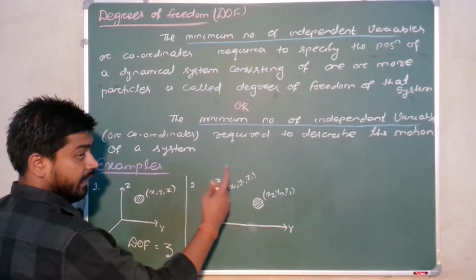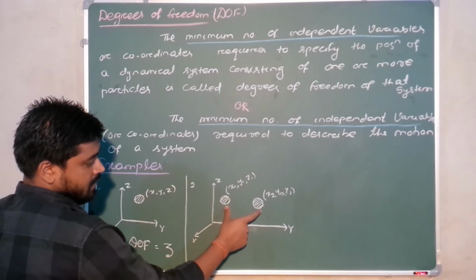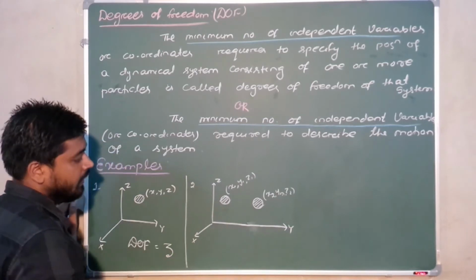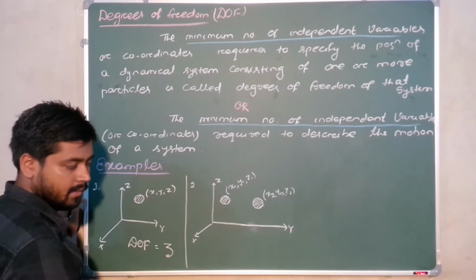Then in configurational space, these two particles have 6 dimensions. Yes or no? These have 3, these have 3, so 3n degrees of freedom. But here the degrees of freedom is not equal to 6.